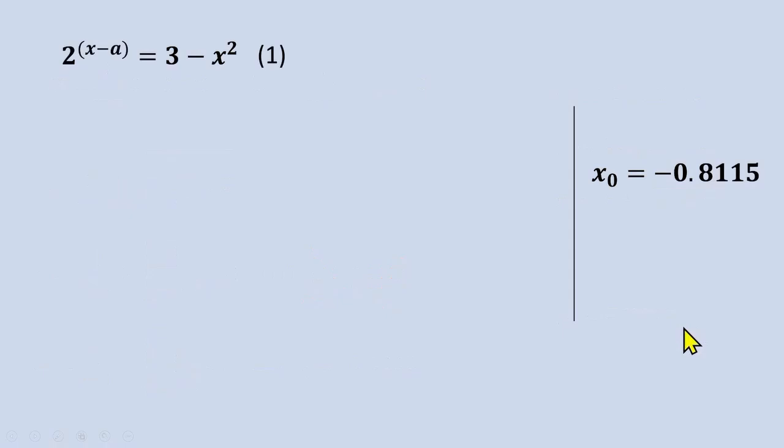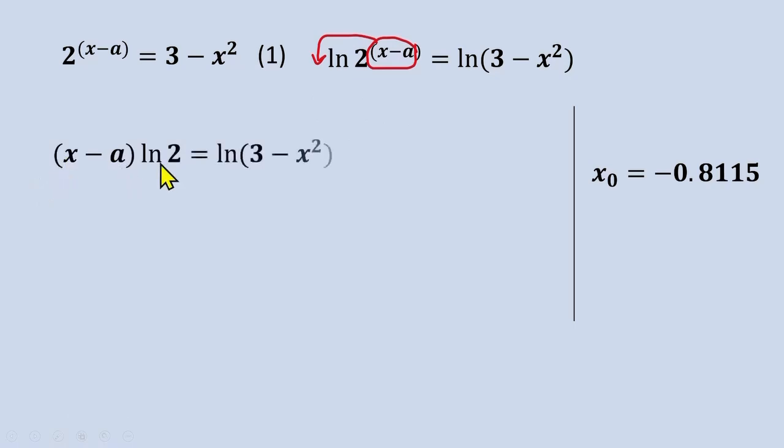After this, we can find a using equation 1 and the value of x0 which we found. We take the natural logarithm of both sides of this equation. We use the property of logarithm and rewrite this equation in this form.